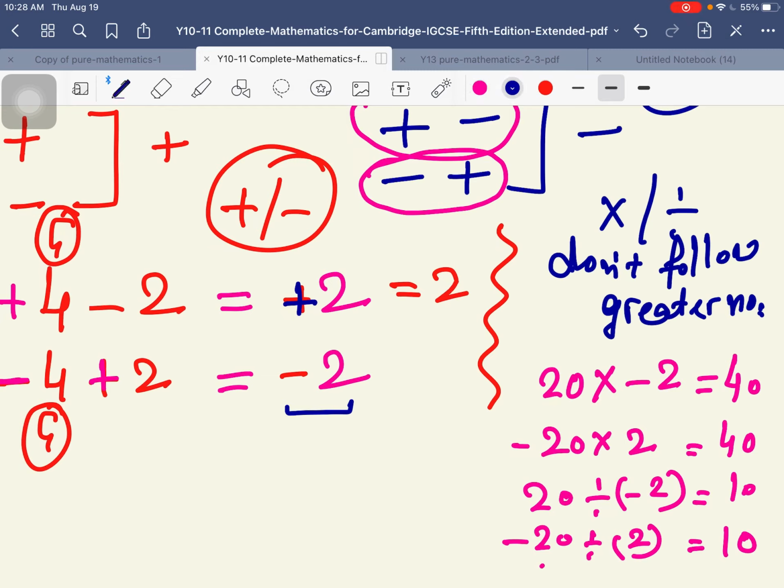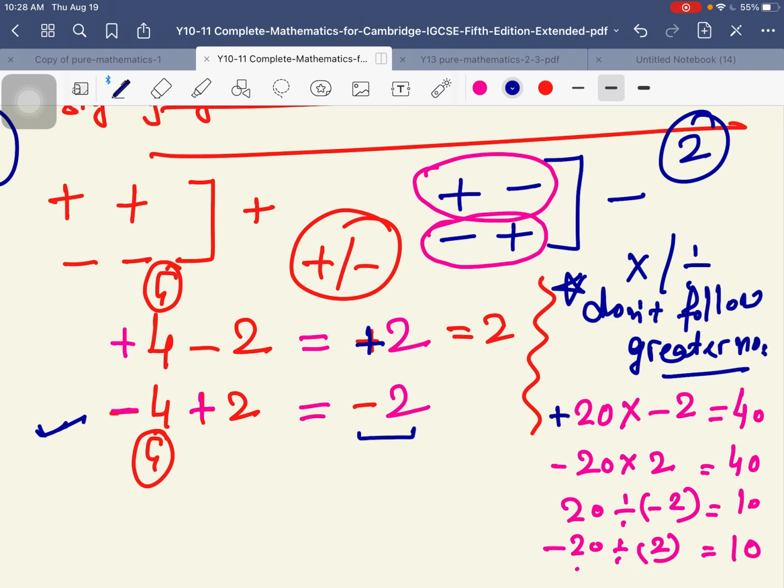Now, as I mentioned here, don't follow the greater number's sign. That means 20 is positive, 2 is negative, plus minus is minus, so the answer will have a minus sign. Second one, 20 is negative, 2 is positive, negative positive is negative, so the answer will have a negative sign.